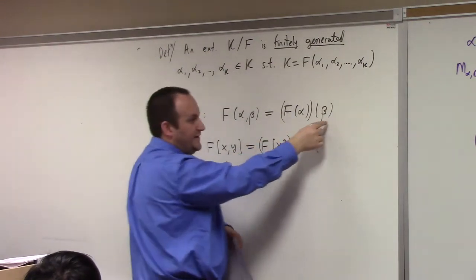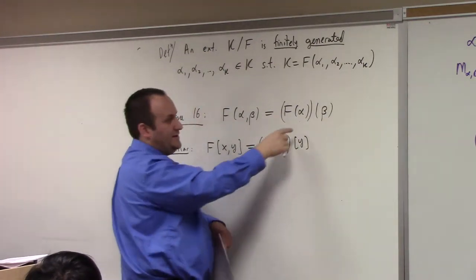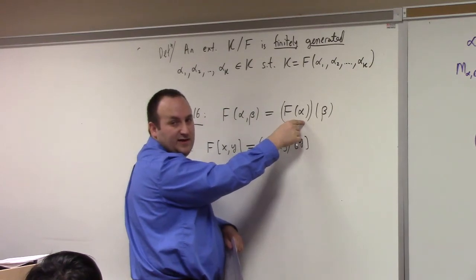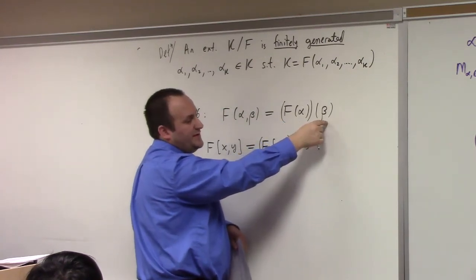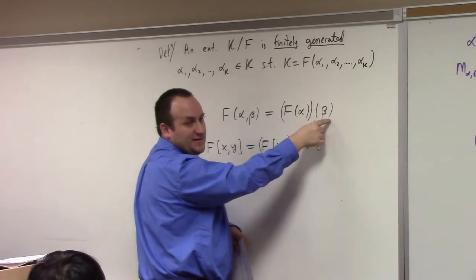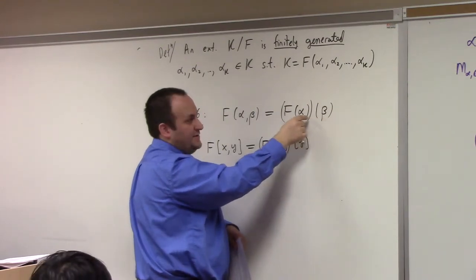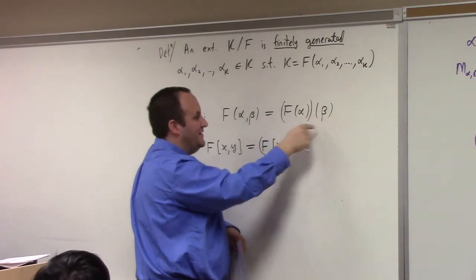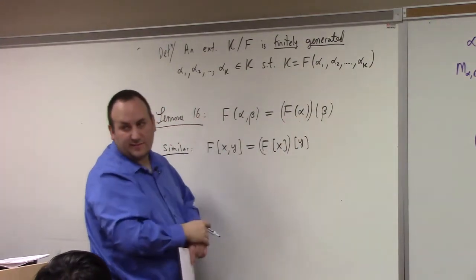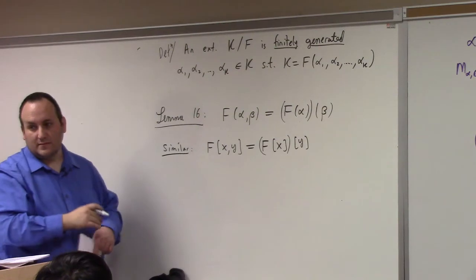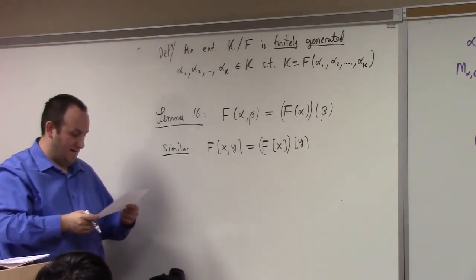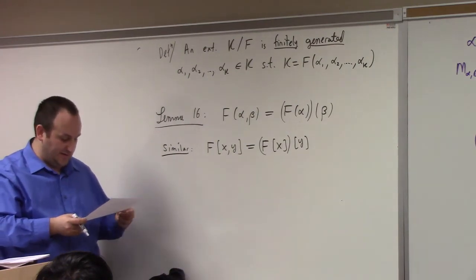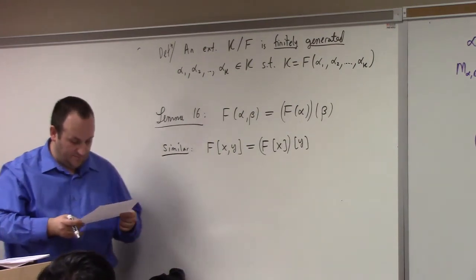It definitely contains beta, and it definitely contains anything in F adjoin alpha, because of the constant polynomials. This field is also in the extension by beta. So it's got F and it's got alpha. So this one's got F, alpha, and beta. This one's got F, alpha, and beta. By minimality, they must be the same. Yeah, it's almost silly. And if you can do it for 2, you can do it for k, is the next thing he says.